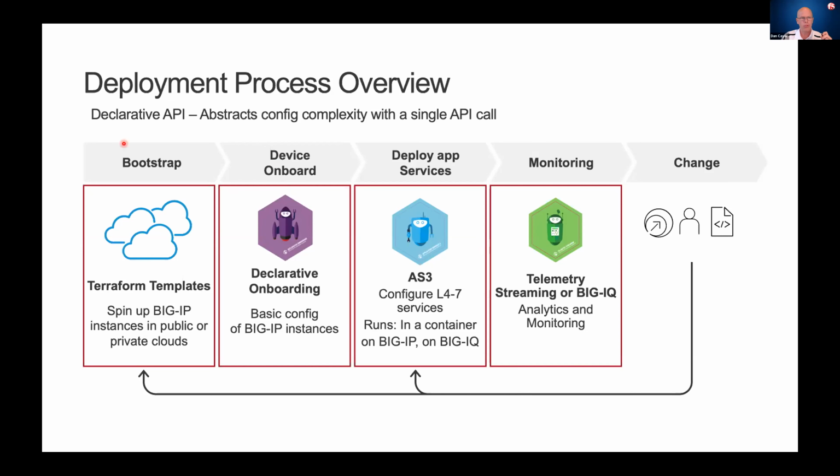After the bootstrap process and after the device onboarding steps have been successfully completed, the code that Steve created will then use AS3 and telemetry streaming endpoints to configure the actual software on the BigIPs.